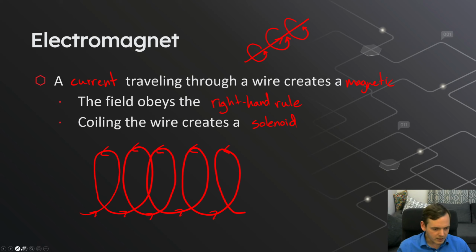And now, if I get a different color, we're going to draw the magnetic field. So at the bottom here, we have it curving like that. Then here we have it curving like that. Here we have it curving like that. Like that. And am I drawing these wrong?